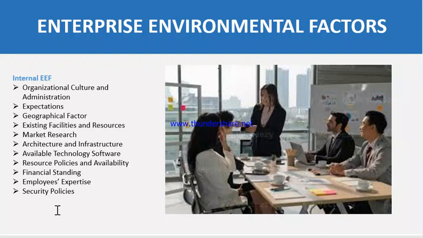Financial standing of the organization, like they have good financial standing. Employee expertise. For example, in a particular organization every employee has very good IT expertise. Security policies, like in some organizations security standards are very high, in some they are not, so you must think about it whenever you are working on any project.